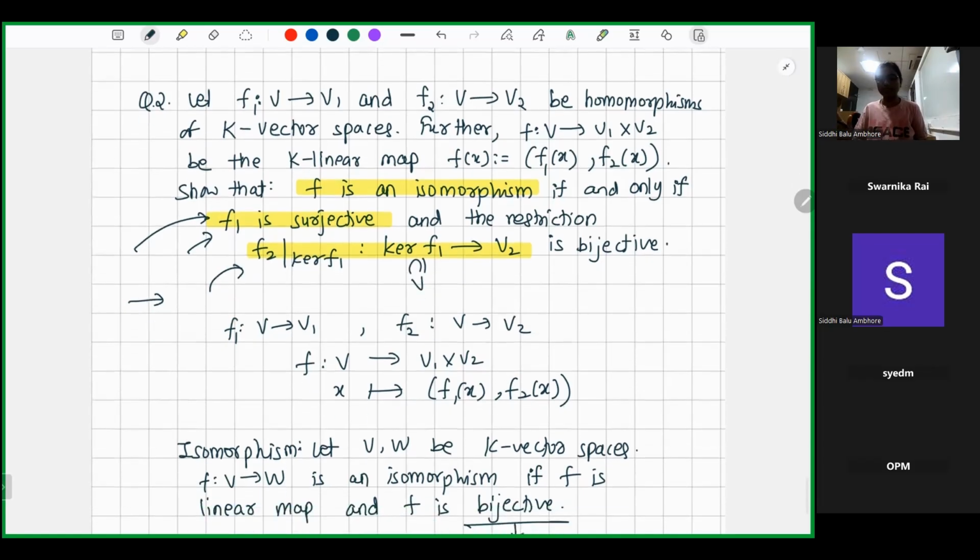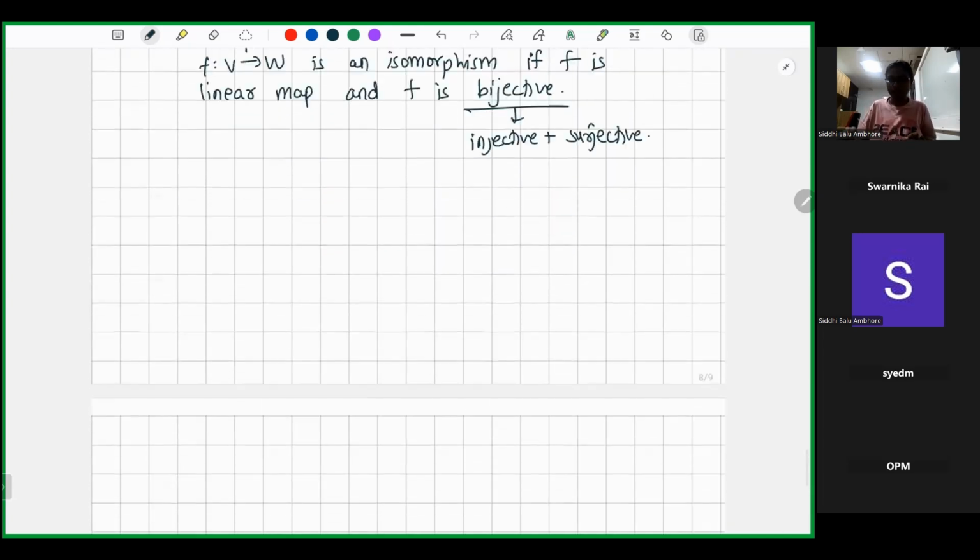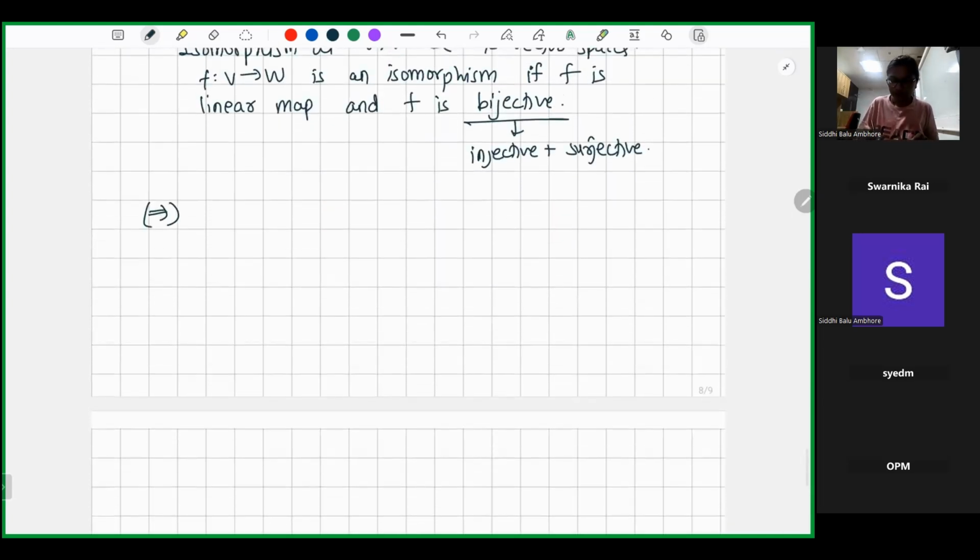Yes. So let us try to prove the first part, that if F is an isomorphism, then two conditions hold. To prove that, two conditions we need to prove.